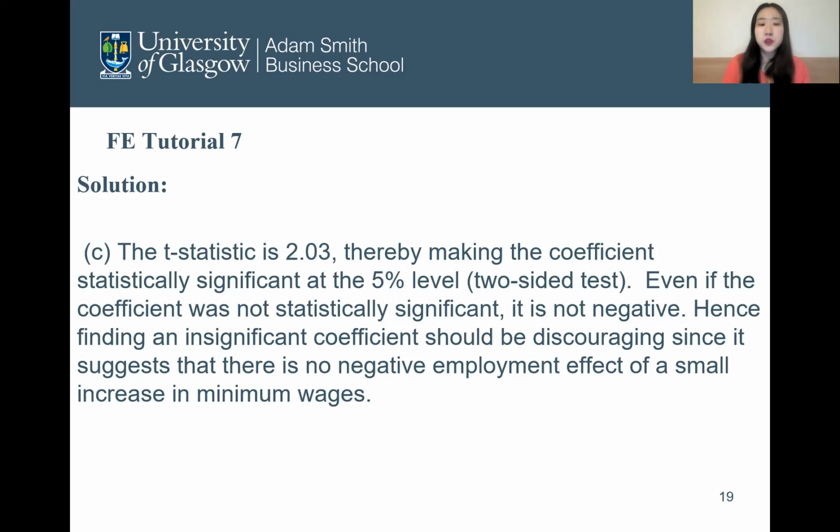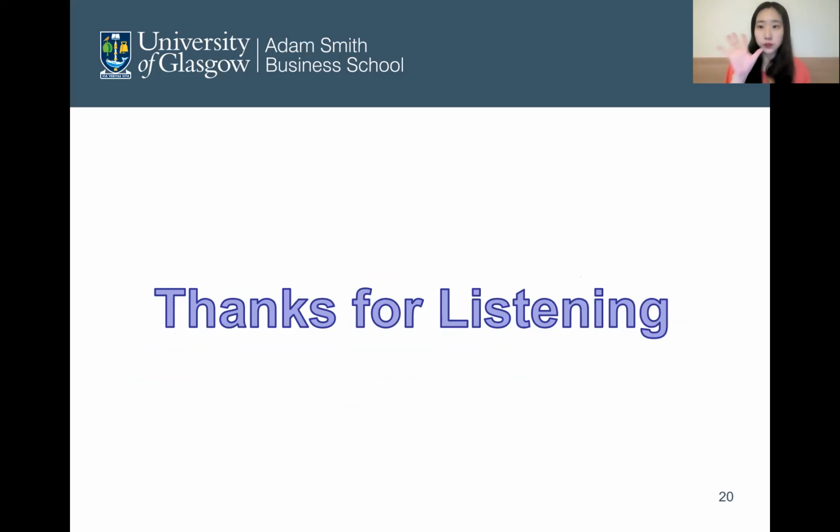Even if the coefficient was not statistically significant, it is not negative. Hence, finding an insignificant coefficient should not be discouraging since it suggests that there's no negative employment effect of a small increase in minimum wage. That's pretty much for question C, and that's pretty much for all the 5 questions for this week.